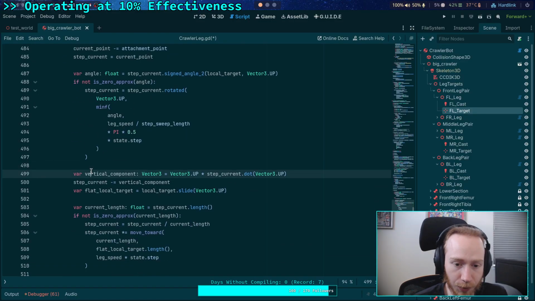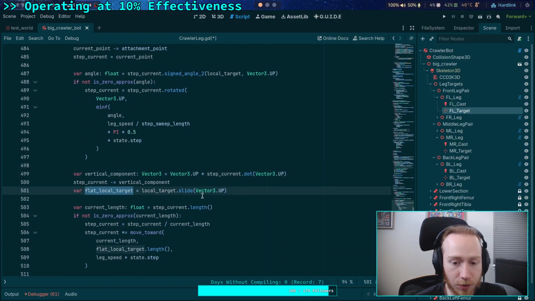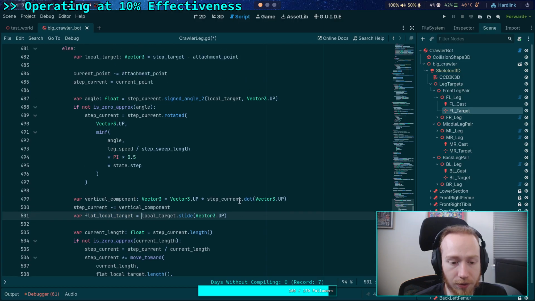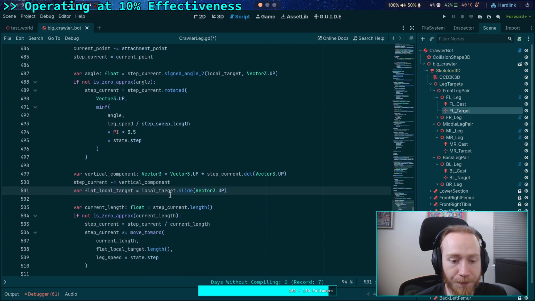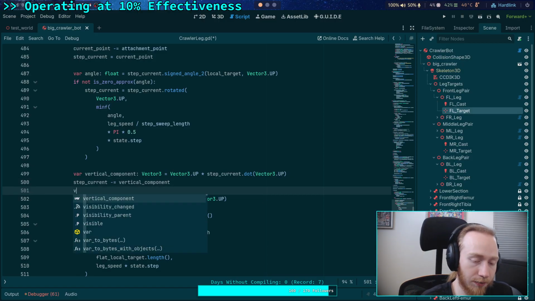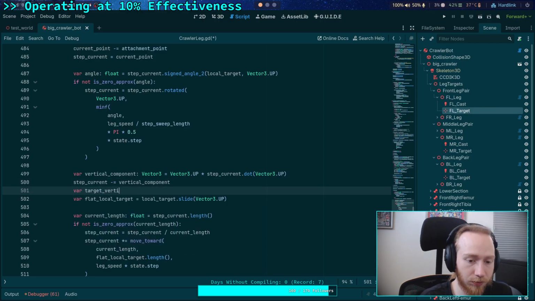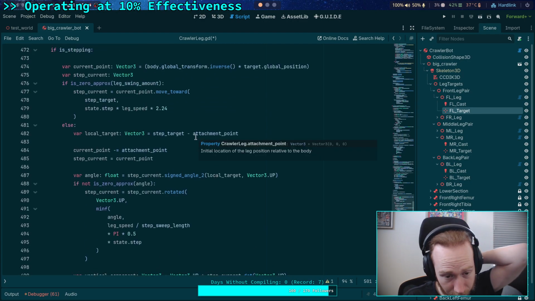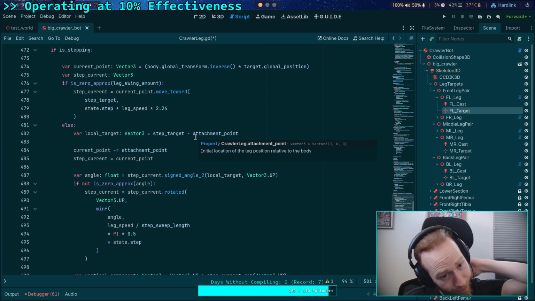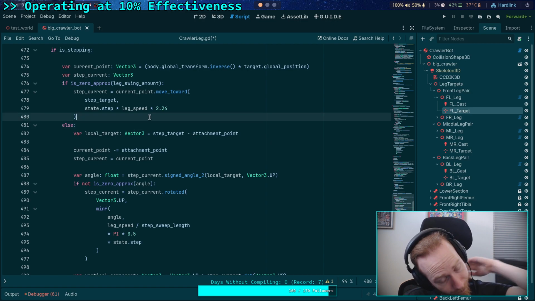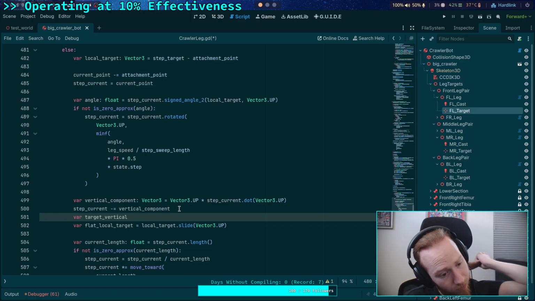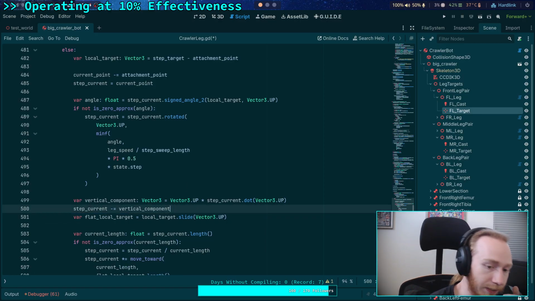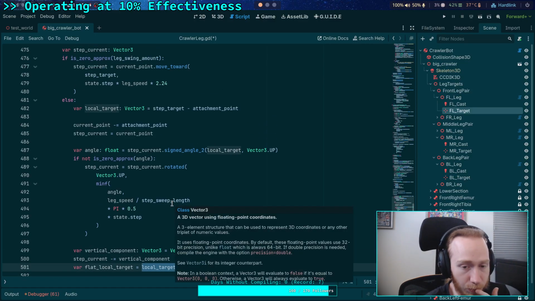Yeah, so it is kind of like I have this vertical component, and I'll move it towards this one. So I'll say, well, I guess I don't really need that.